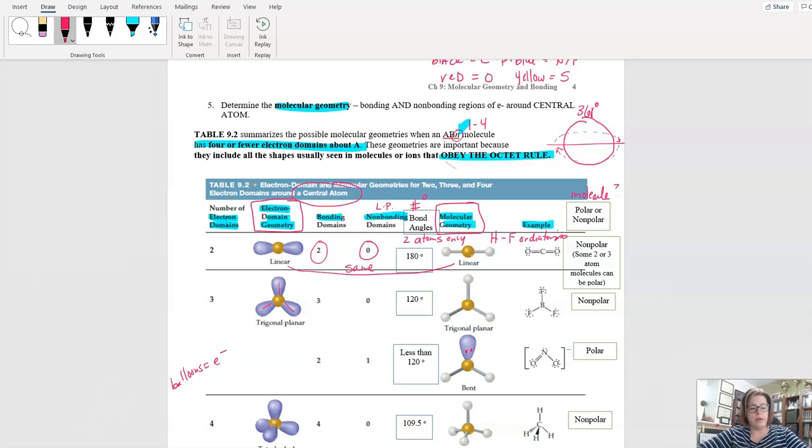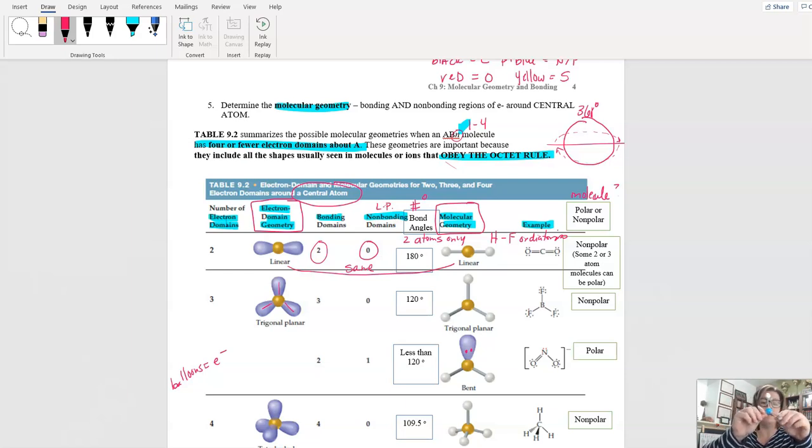So now let's see, we have trigonal planar. I was trying to find one, but we'll just use this guy, okay? So trigonal planar, like this, makes a triangle. That's why it's called trigonal, okay? So trigonal, tri, 3, okay?